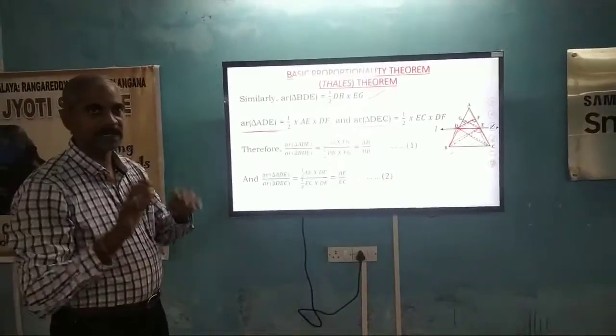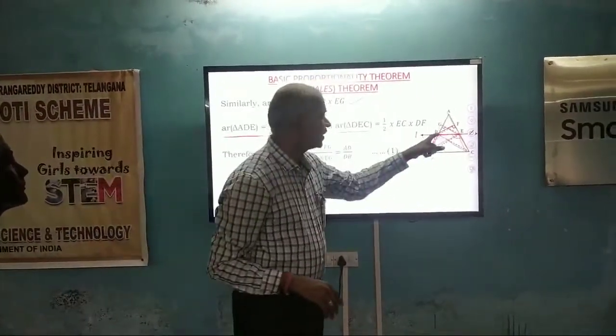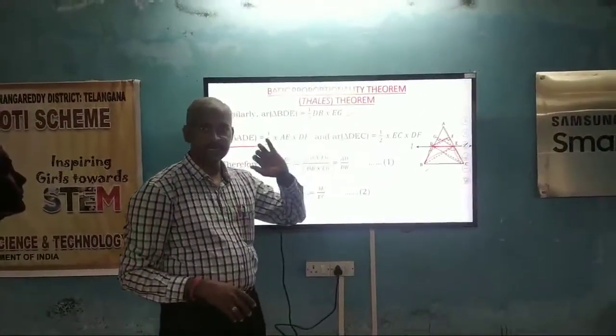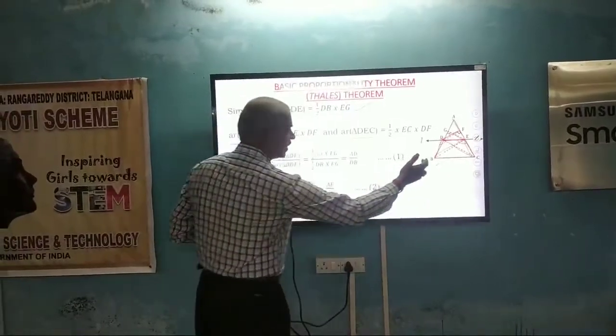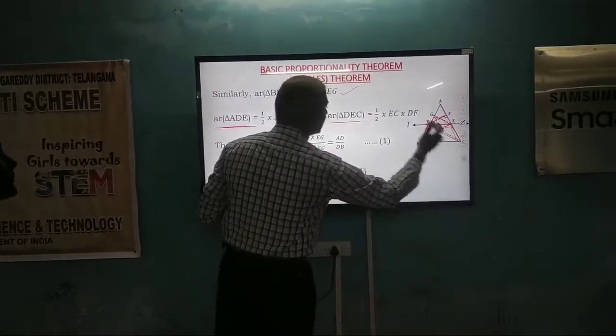Now we have found the areas. We have found the area of ADE in two ways, by taking AD as base and by taking AE as base. Next, area of BDE we have found, and the area of DEC also we have found.